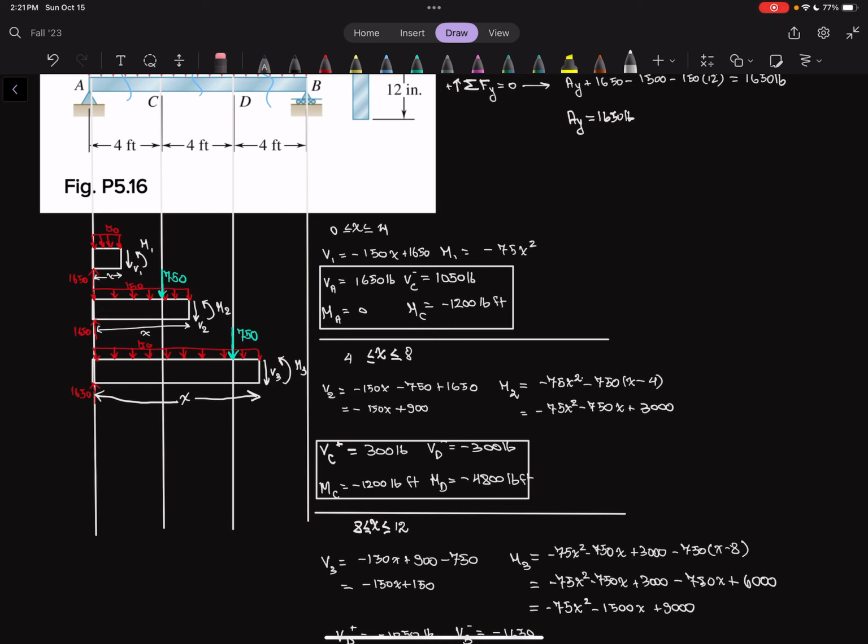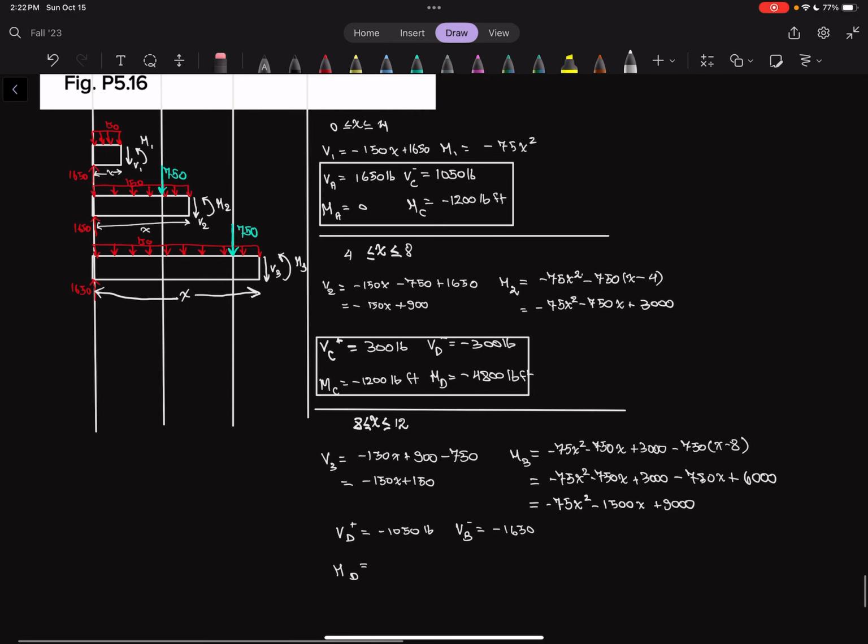So that's the same thing as the minus 750x. And 750 times 4 is going to be 3,000. And it becomes positive. And then I have another force, 750. And 750 times 8, which is 6,000 positive. So 6,000 plus 3,000 is 9,000. And then we have 750 and 750, which becomes 1,500x. So overall, it looks like that's correct.